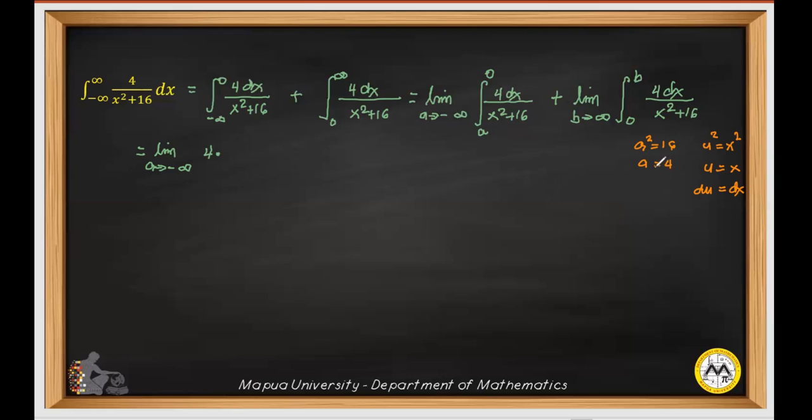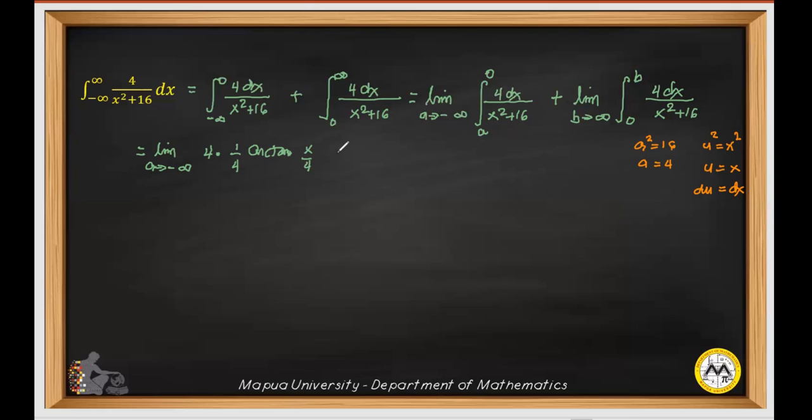Since a is equal to 4, we will have 1 over 4 arctan of u over a, and u is x over 4.